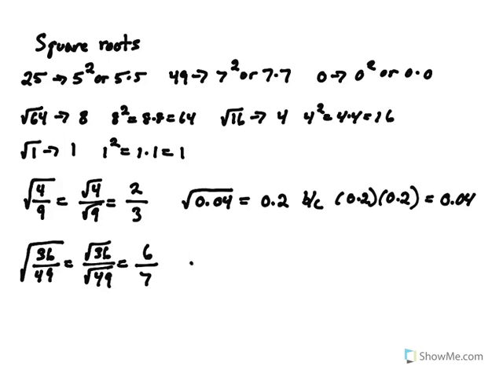Now, this is not going to work with the square root of 13, because for the square root of 13, there's no number times itself to give me 13, other than 1 and 13. So if you take the square root of 13 on the calculator, you're going to get approximately 3.605551275.